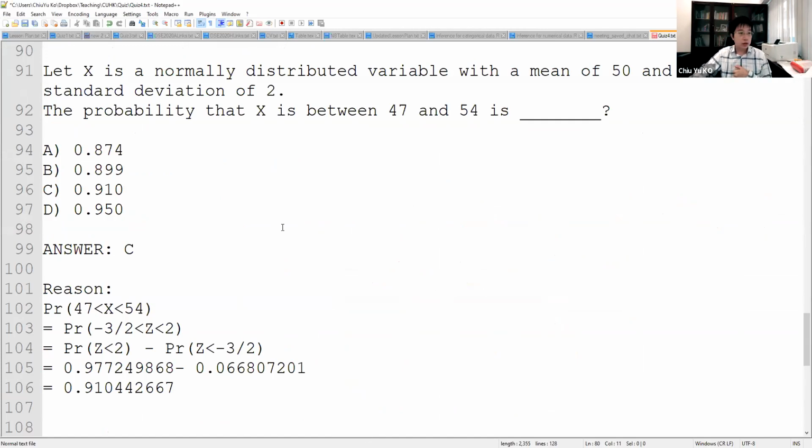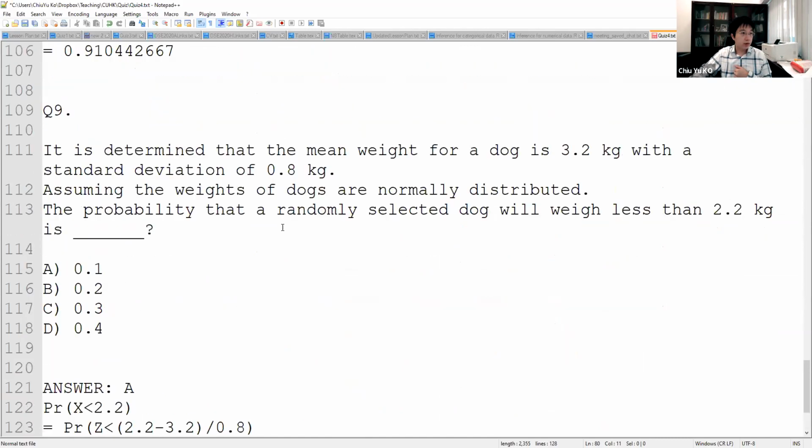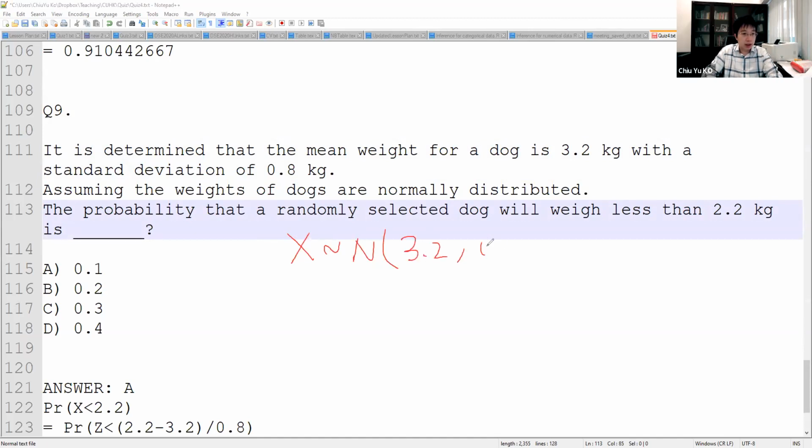So the very last question, sorry, it should be kg here. X has a normal distribution with mean 3.2 and standard deviation 0.8, and it's asking for the probability that X is less than 2.2.